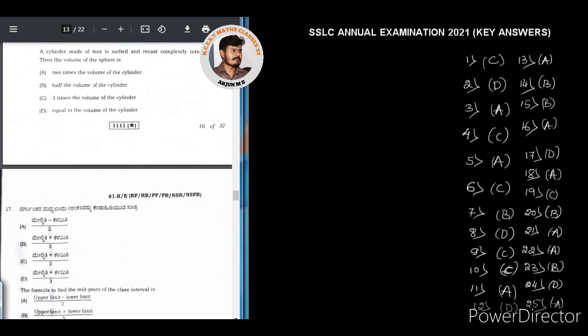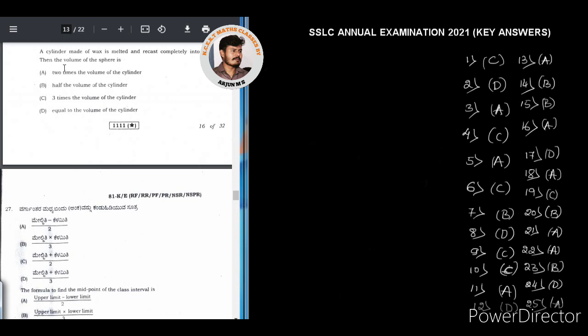Here the question is, 26th question. A cylinder made of wax is melted and recast completely into a sphere. Then the volume of sphere is. If you consider any cylindrical solid and it is melted and recast into any other shape, the volumes of both the solids remain the same.